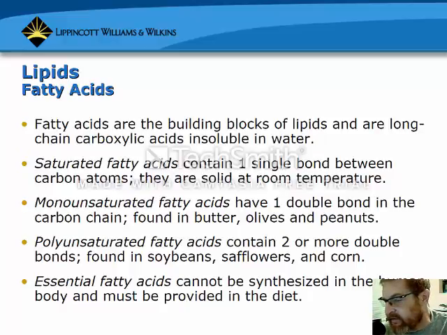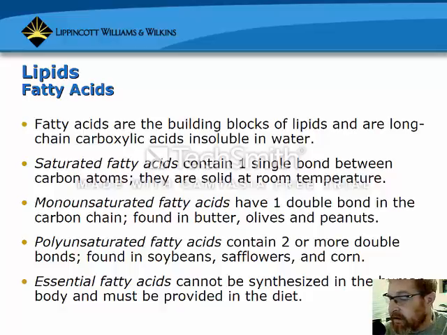Saturated fatty acids have single bonds between each of their carbon atoms, and those are all solids at room temperature. Monounsaturated means you have one double bond in the carbon chain.